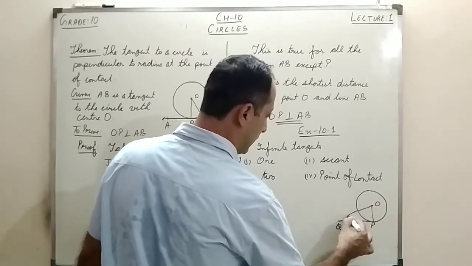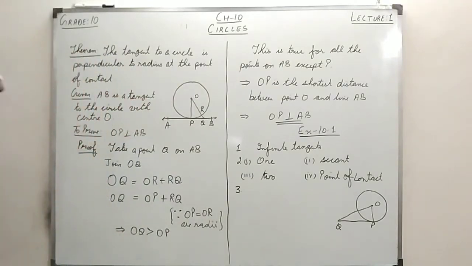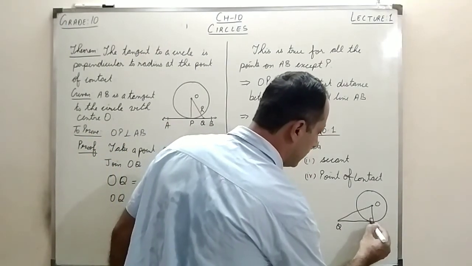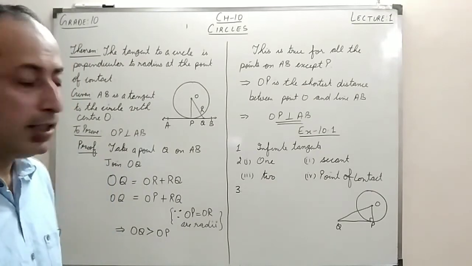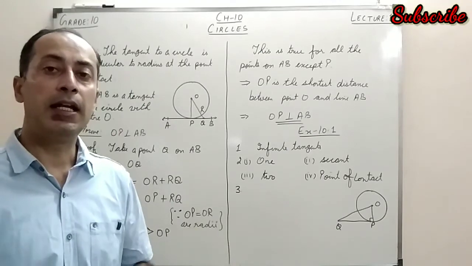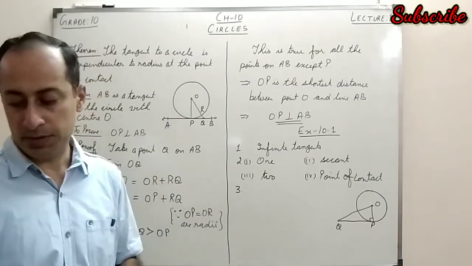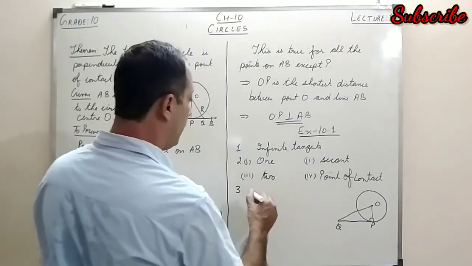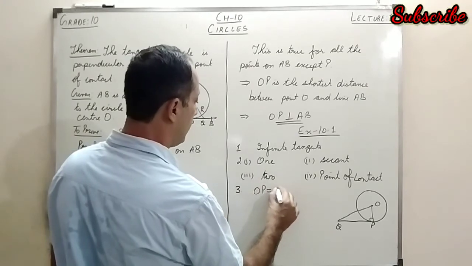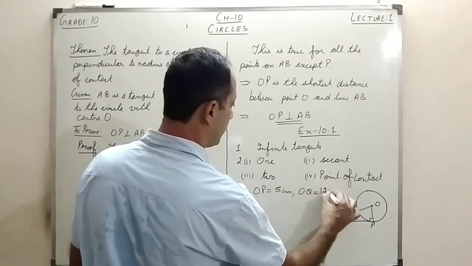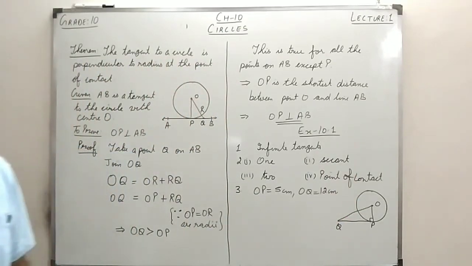We have already done in the theorem that the angle between the radius and the tangent is 90 degrees. So the triangle formed here is a right angle triangle, so we can use Pythagoras theorem to find any side if two sides are given. The radius OP is given as 5 centimeter and OQ is given as 12 centimeter. We have to find the length of PQ.